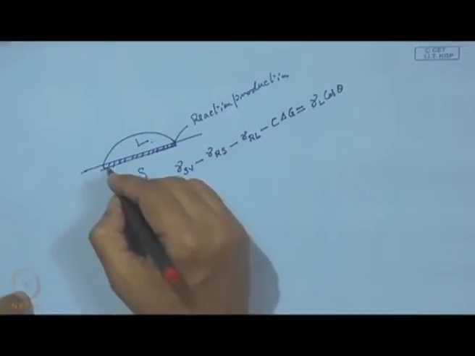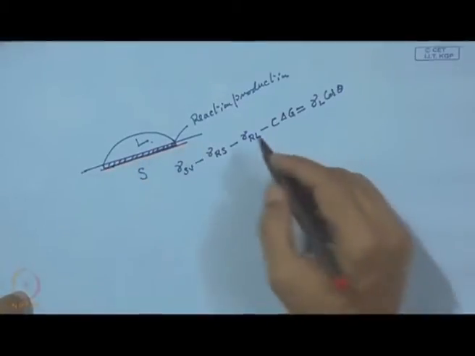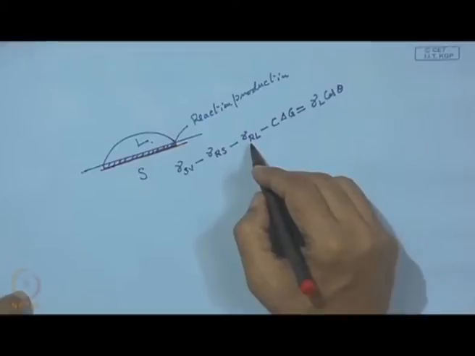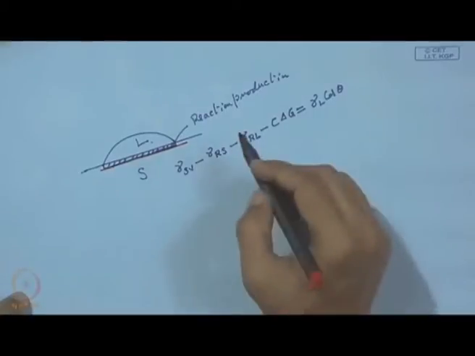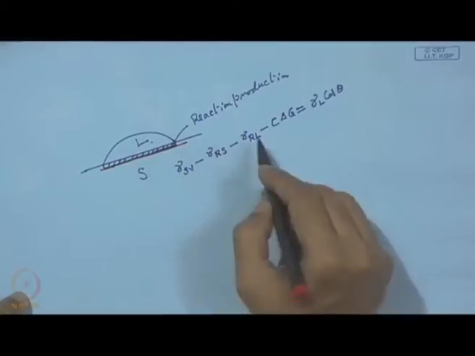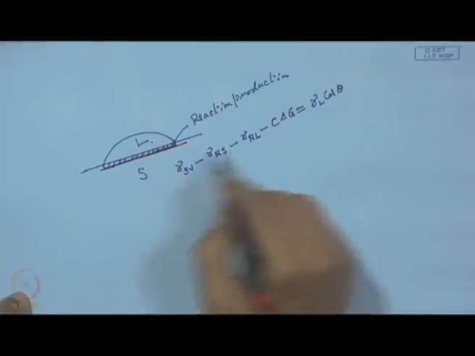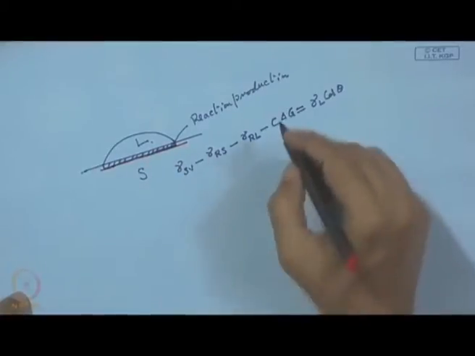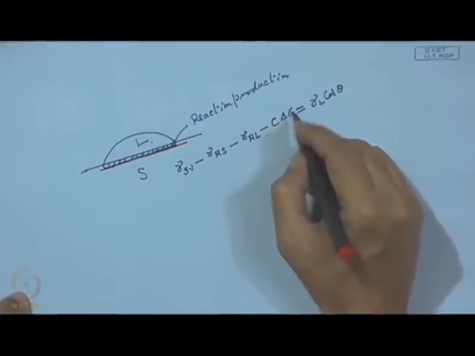So, this is the reaction layer, this is the boundary, and then we have minus gamma RL instead of gamma SL, solid liquid. We have now the boundary between the reaction product and the liquid. So, it is gamma RL minus C into delta G.